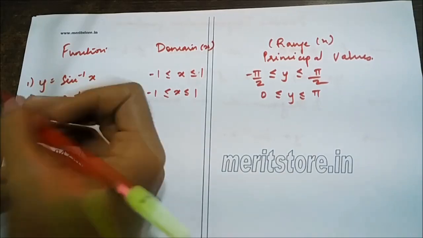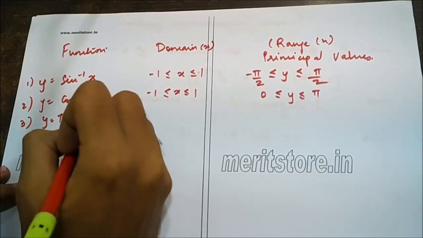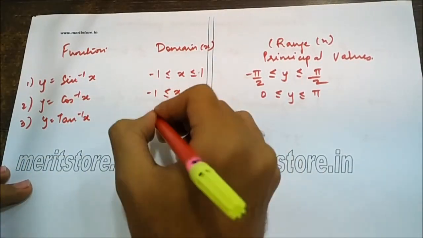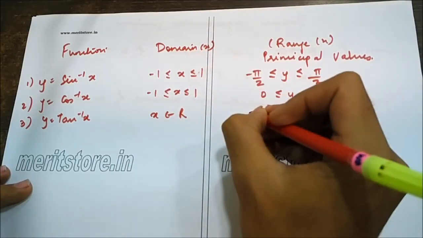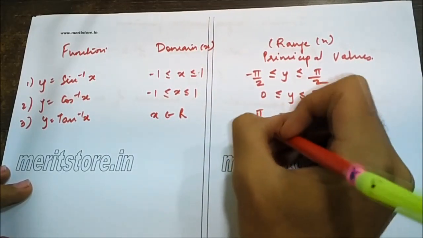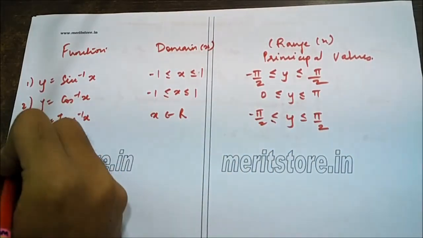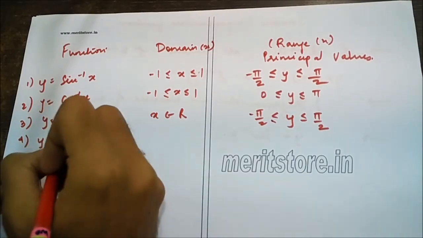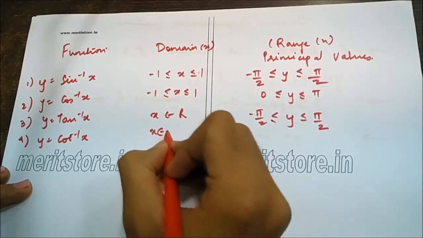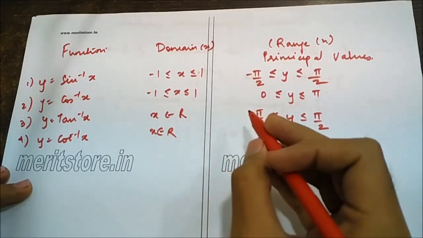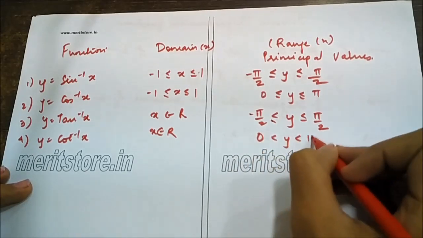The third function is y is equal to tan inverse x, and x can be any real number, and the principal values are from minus pi by 2 to pi by 2. Now we'll see cot inverse x. The domain belongs to all the real numbers, and its range is from 0 till pi.